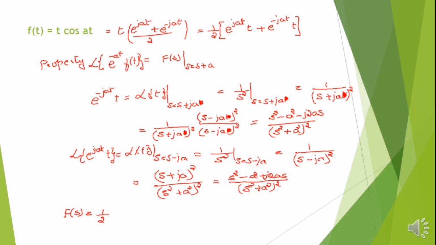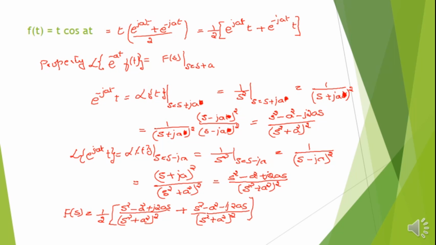So, half into, in the numerator, s square minus a square minus j2as plus s square minus a square plus j2as, divided by s square plus a square whole square.